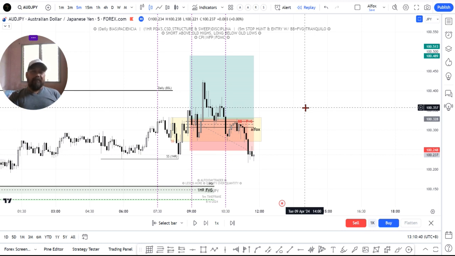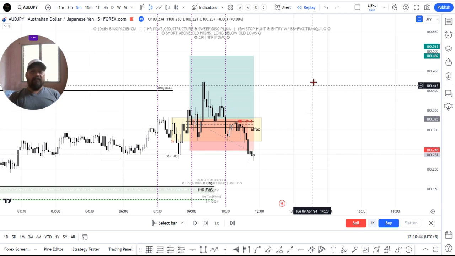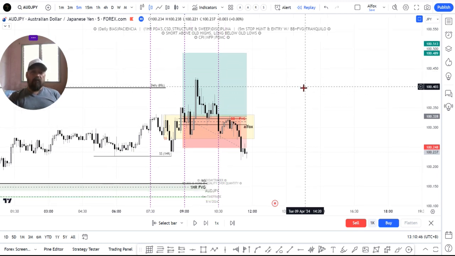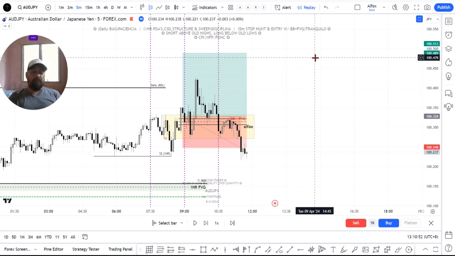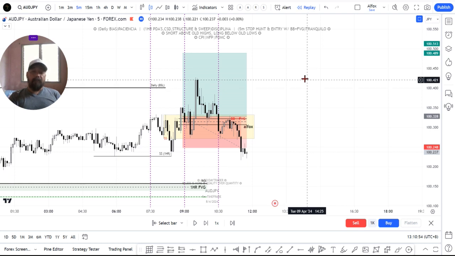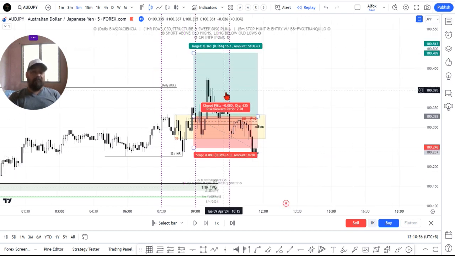No, that's not how we do it. We don't revenge trade. We don't FOMO. Even though we are human and we all have feelings and emotions, we have to control them. Let's accept the fact that we lost this trade.